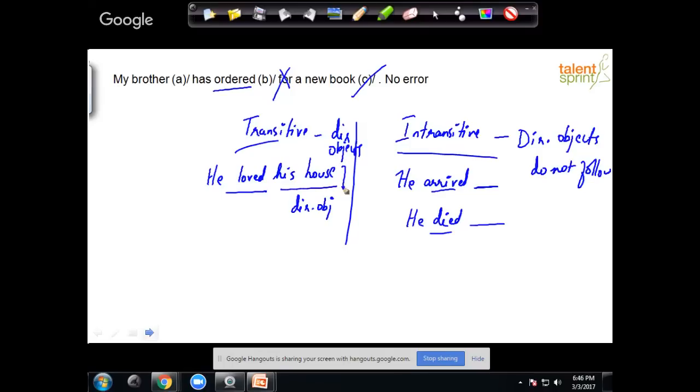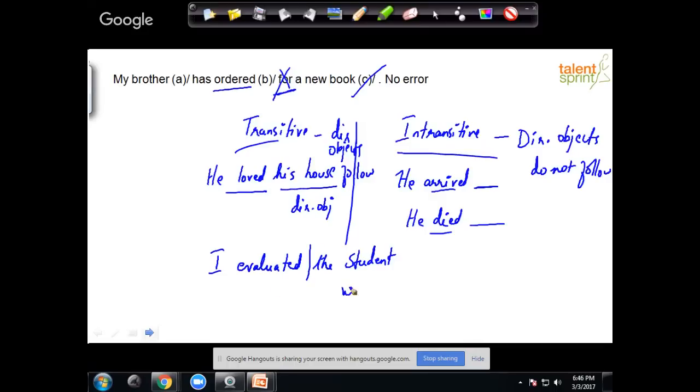So having said that, in the context, the rule is when the direct object is stated, transitive verbs don't have prepositions after them. For example, if I say, I evaluated the student, how do I figure out what the direct object is?